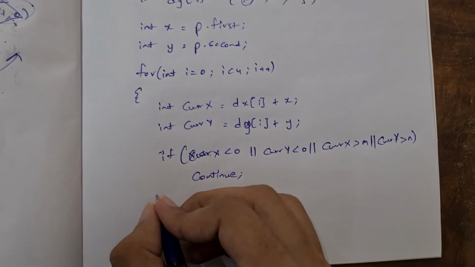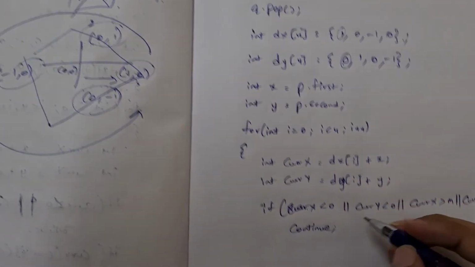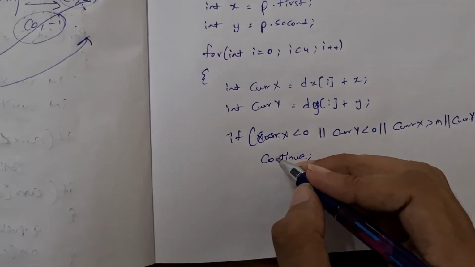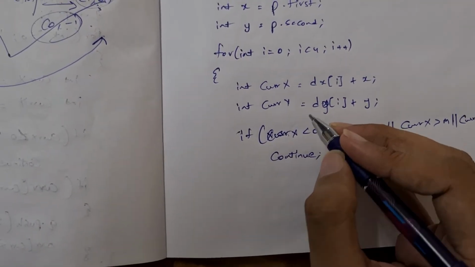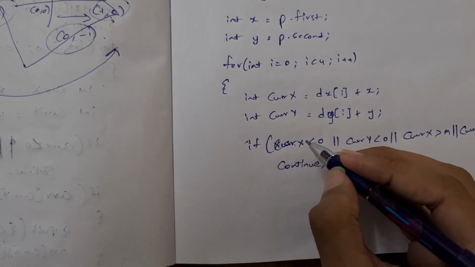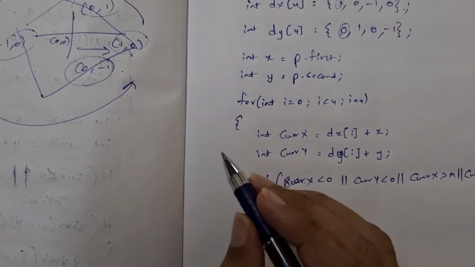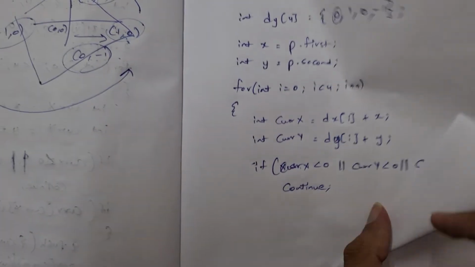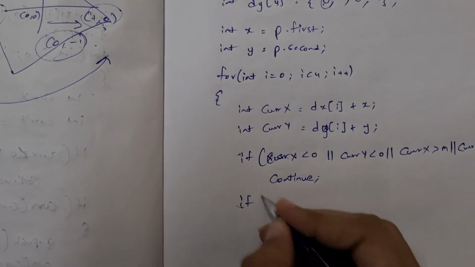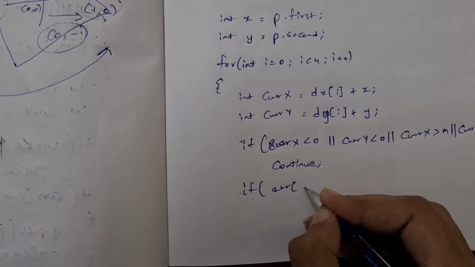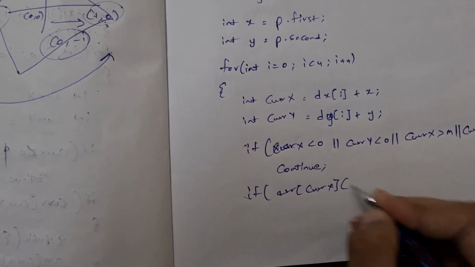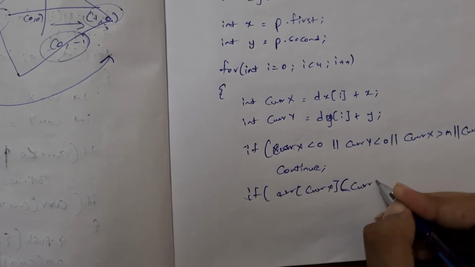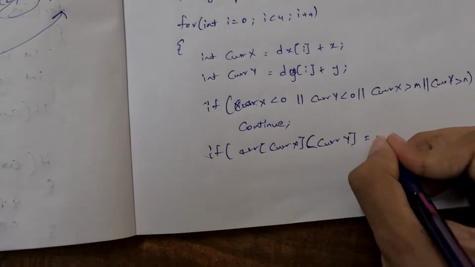And now we have to check whether the apple at the current position is fresh or not. If it is fresh, we have to add that particular address of the indexes to a queue and make the apple rotten. So I will check if array of current x, current y is fresh.